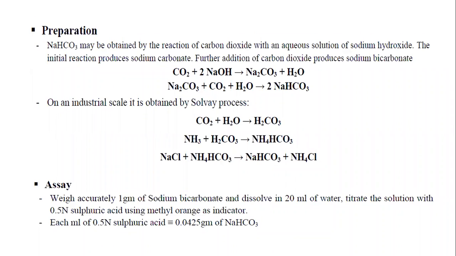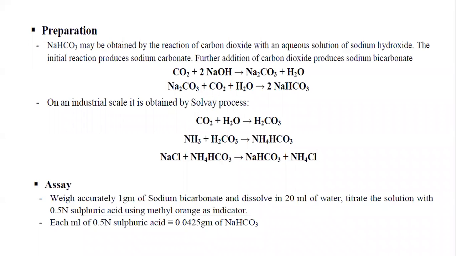That sodium carbonate, on further addition of carbon dioxide, produces your sodium bicarbonate. When you are going to write preparation, you very well have to write the reactions as well. So the first step is CO2 plus NaOH to give you Na2CO3, that is your sodium carbonate, plus water. This sodium carbonate further reacts with carbon dioxide plus water to give you your sodium bicarbonate.